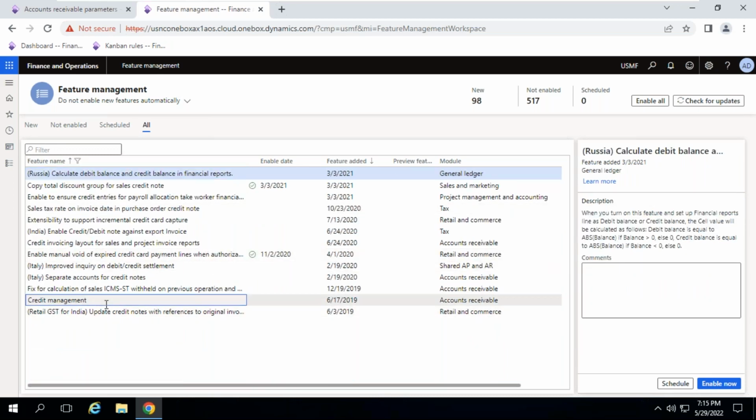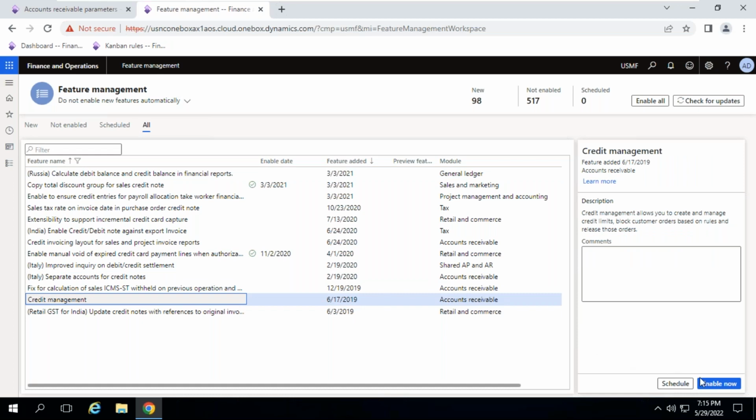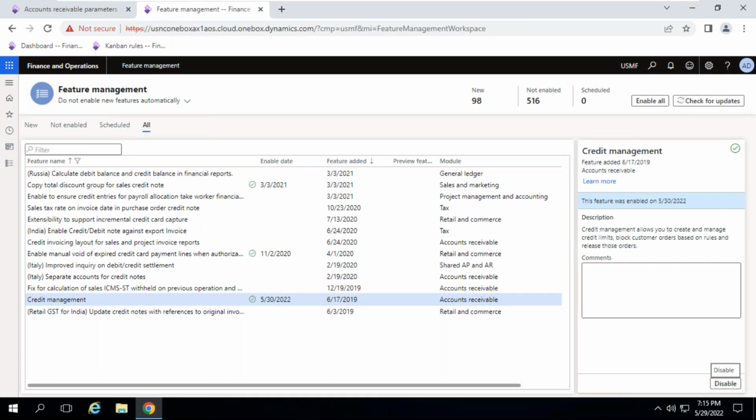So look at this one, credit management. I'm enabling this one. Okay. Now I'm refreshing the screen. I have enabled this credit management.